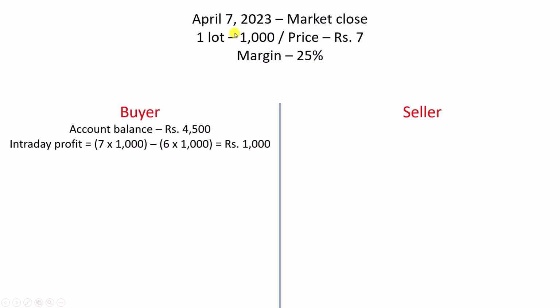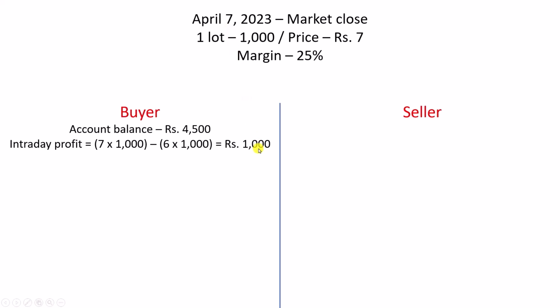Okay. On 7th, how much is the profit? That is this. So how did I get this? It has closed at 7. 7 into 1000. 6 into 1000 was the previous day's price. So 7000 minus 6000 is 1000 rupees. This is the amount that he has earned in that day on 7th.